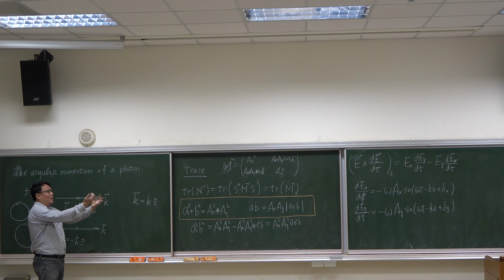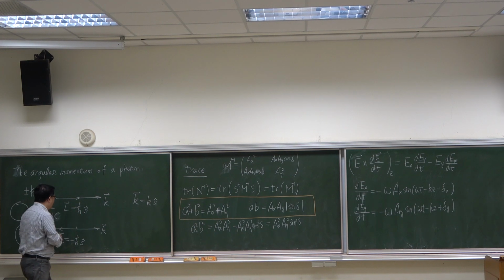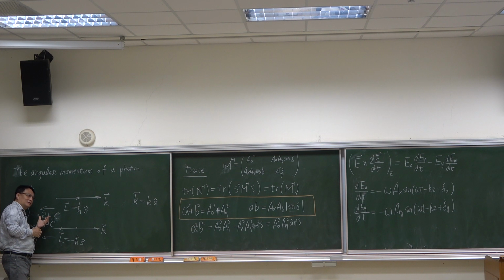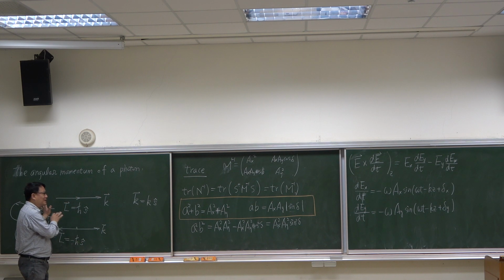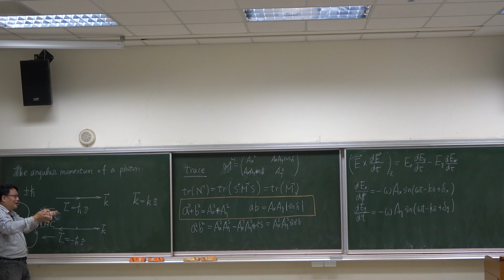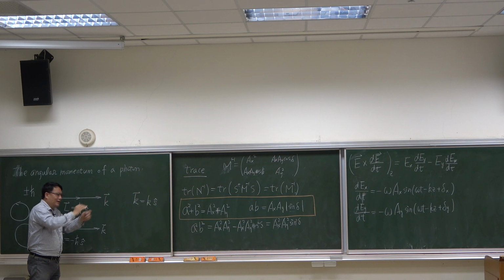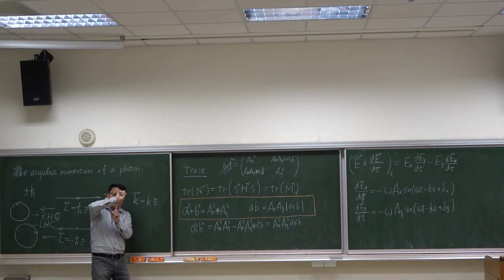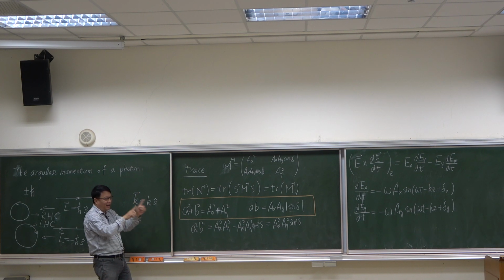So according to our textbook, the definition of right hand or left hand is this: I see a wave propagating toward me, and I see how the E vector revolves. If it revolves counterclockwise, I call it right-hand circularly polarized light, and if it revolves clockwise, I call it left-hand circularly polarized light. However, in some other textbooks, they treat the wave as a frozen shape and see how the E vector revolves along the K vector.